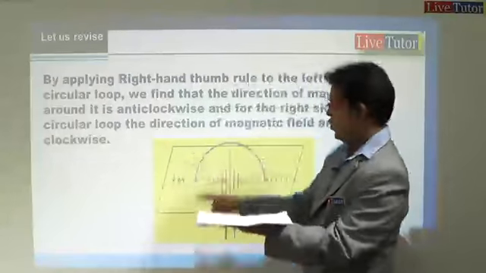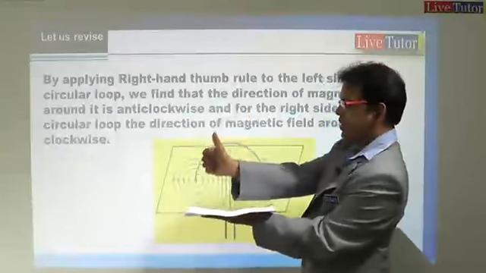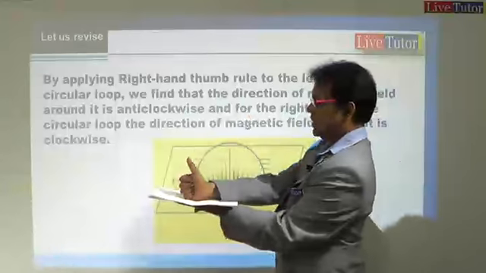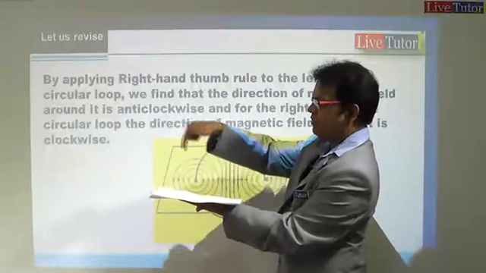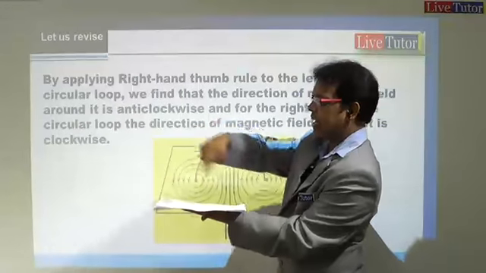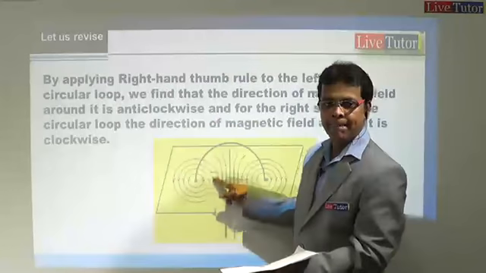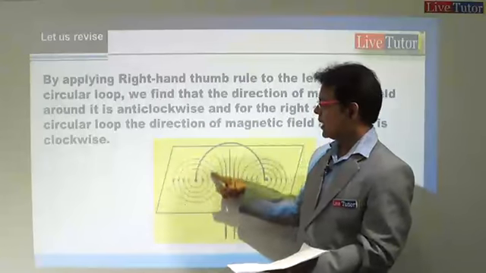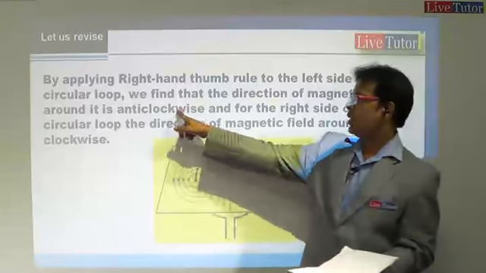The loop is here, the current is coming out, so I have to keep the thumb here. Now what are the curling fingers showing? The curling fingers are in this direction. That means anti-clockwise. Okay, so the magnetic lines of force around this loop will be anti-clockwise.